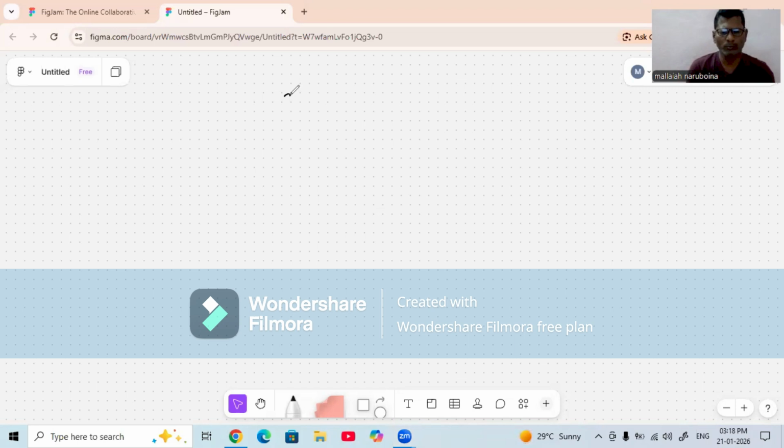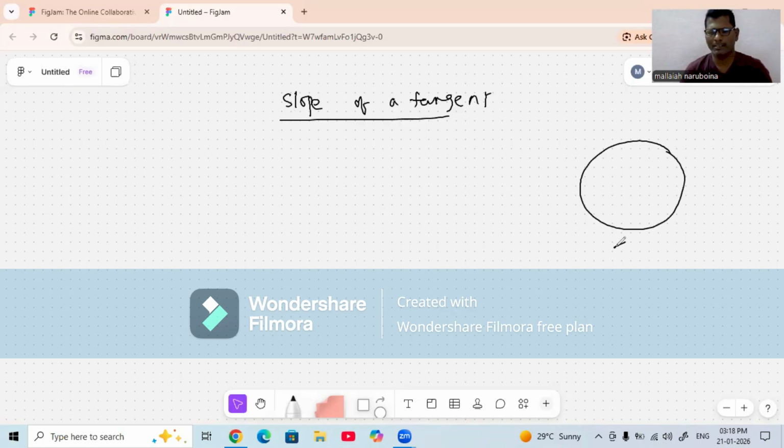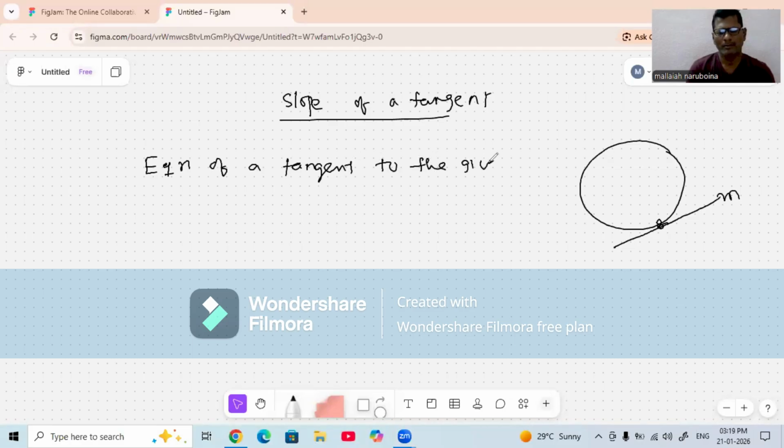Sometimes you will be given the slope of a tangent. See here, this is the tangent, and the slope of this tangent is m. In that case, we write the equation of the tangent to the given circle as y = mx ± a√(1 + m²).